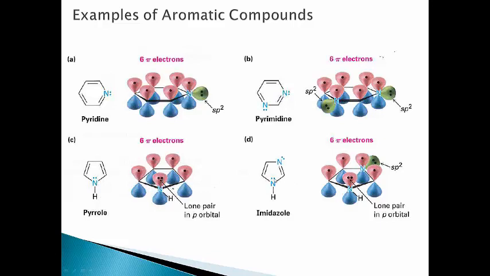Okay, so this one here, we've got one nitrogen that's not bonded to anything, and we've got one that is. So these 2 would be included, and these 2 would not be included. So we've got 2, 4, 6, 2, 4, 6. They're all sp2 still, and we've got those electrons sticking out of the ring, and it's planar. So they're examples of some common aromatic compounds. You've probably recognized a few of them.